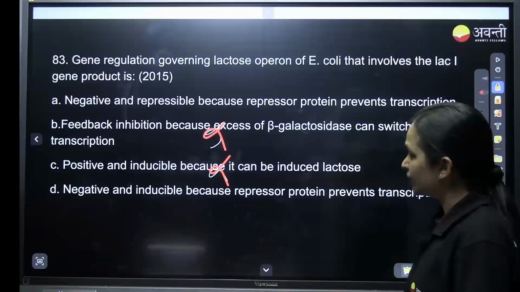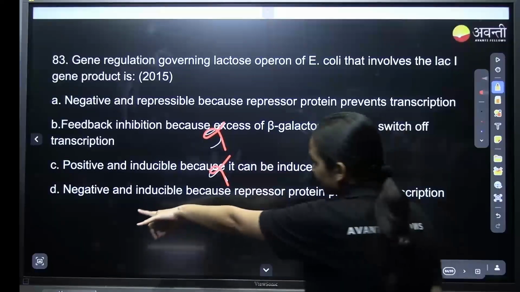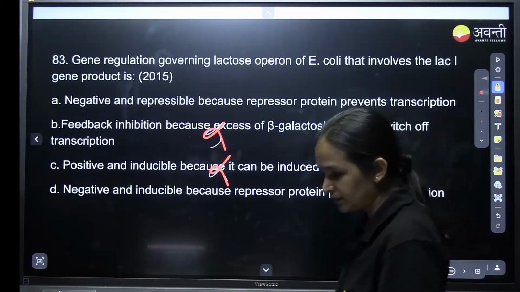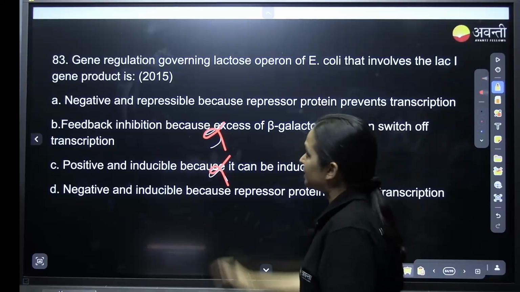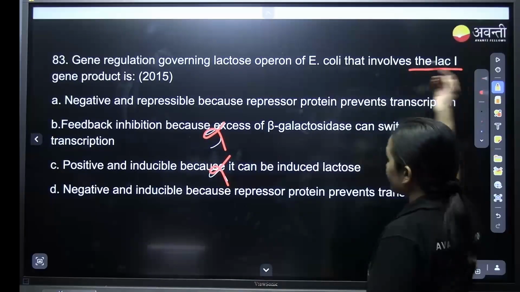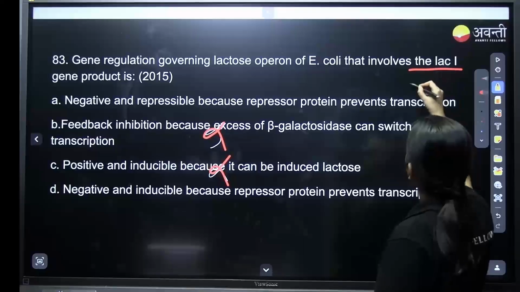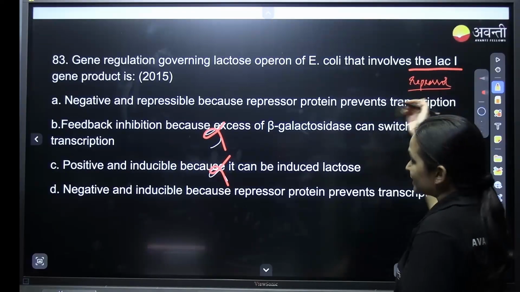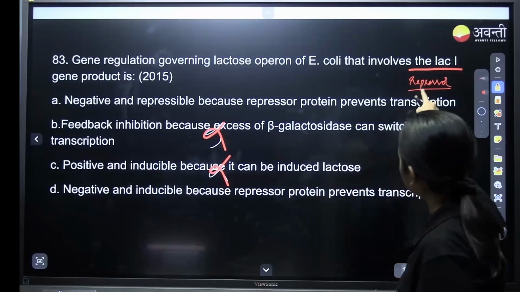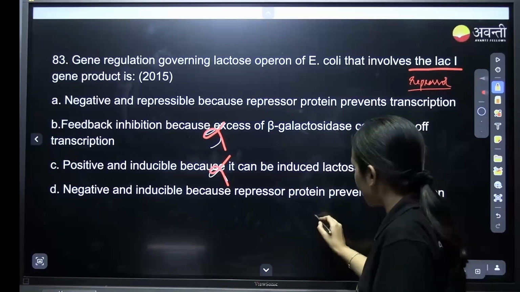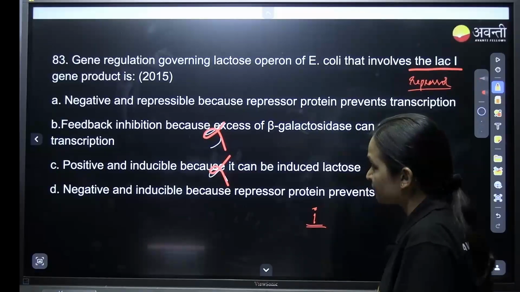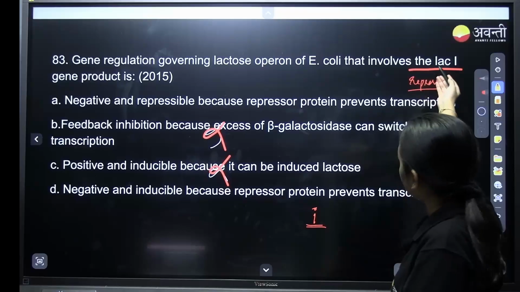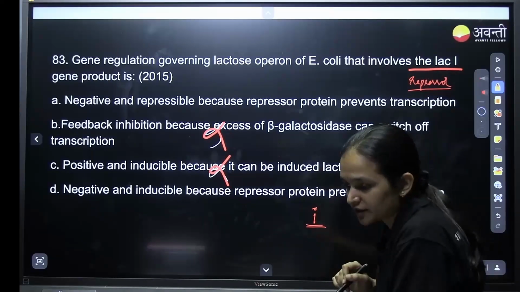Okay, so negative and repressible, negative and inducible. Negative and repressible? No. See, LAC-I is a repressor. This was inducible. We are talking about LAC-I, the I gene. We could repress the gene, but what was happening to I? I was getting induced.